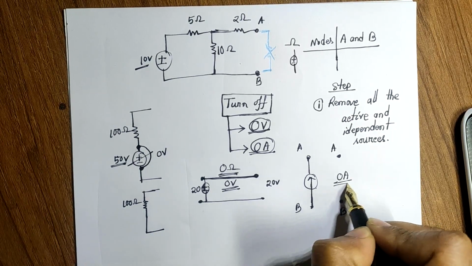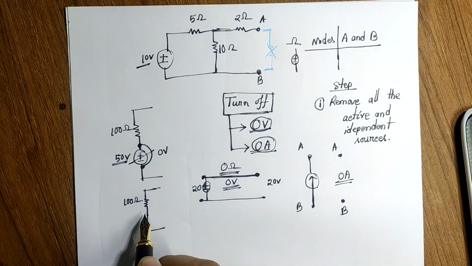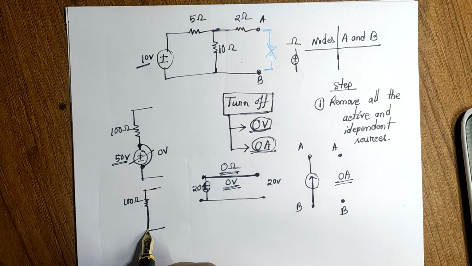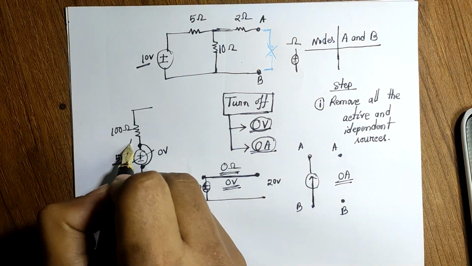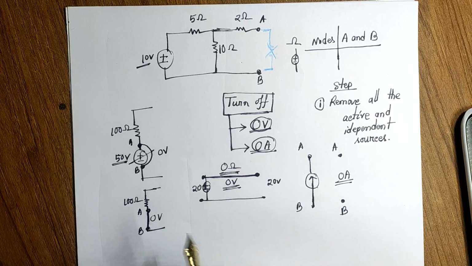So the amount of current here is 0 ampere. But to turn off a voltage source, we need to short that thing, because if you short two terminals, then the voltage across these two terminals will be 0 volts. Say this is A and this is B. If you short A and B, then the voltage across A and B is now 0 volt.